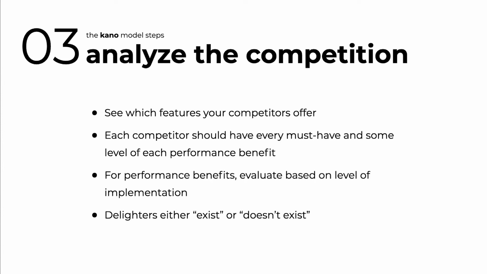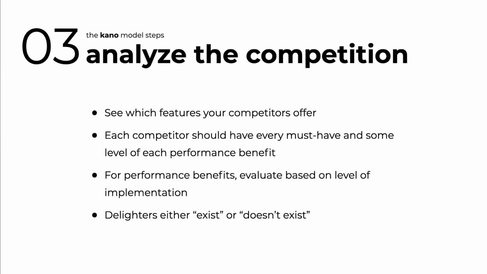In terms of how much your customers will like that, though, that's the question. So when you're looking at performance benefits, evaluate those based on the level of implementation. Are they partially implemented, or are they really fully implemented? Is that what they're really competing on? The things that your competitors have really fully implemented, that's what they are choosing to be their competitive advantage.